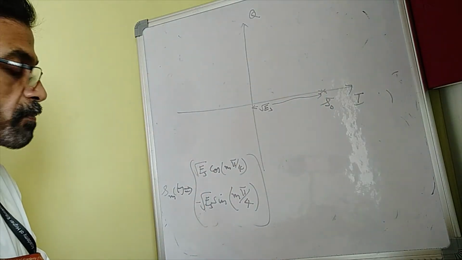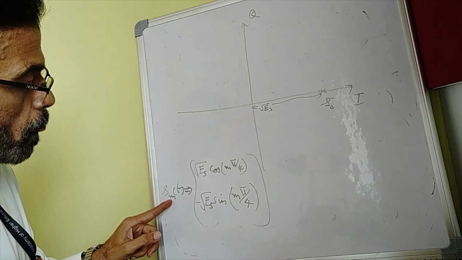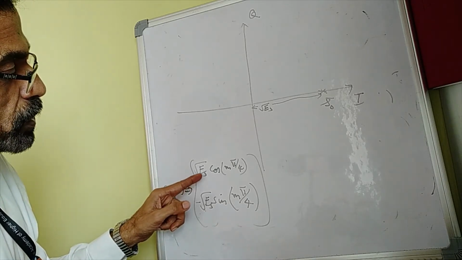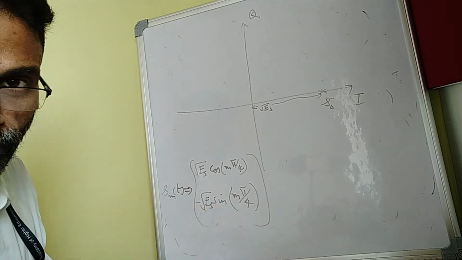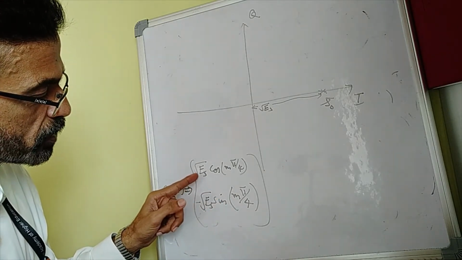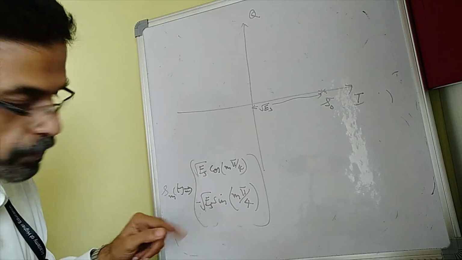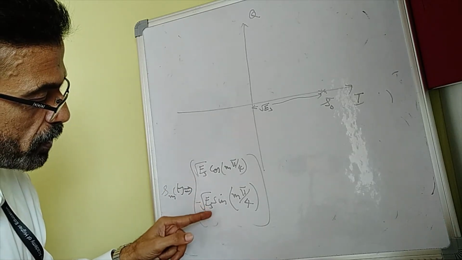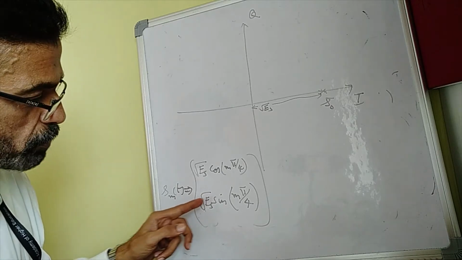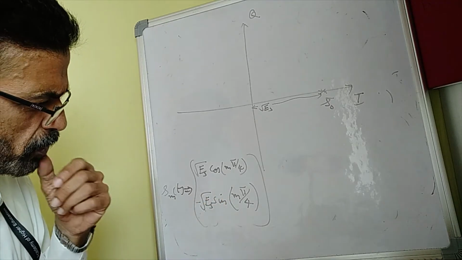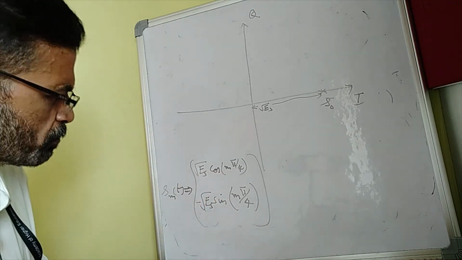Now S1(t) will be root Es cos pi by 4, minus root Es sin pi by 4. That will be root of Es by 2, and minus root of Es by 2, because when m is 1, sin pi by 4 is 1 by root 2, cos pi by 4 is 1 by root 2.